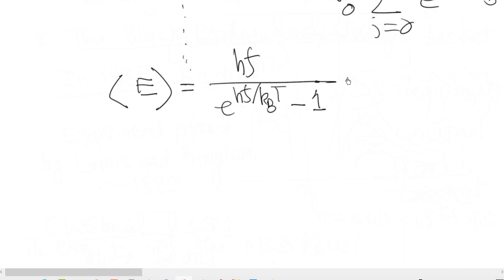This is the average energy of an oscillator. Now the spectral energy density E lambda, and if you multiply it by d lambda, then this can be written as the number of oscillators per unit volume, and that one is dn, and the average energy of each oscillator is this.